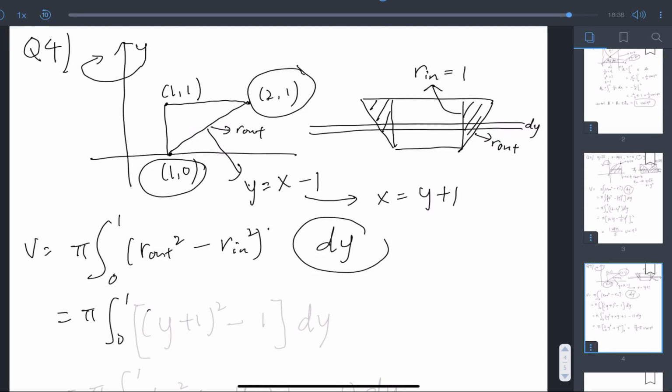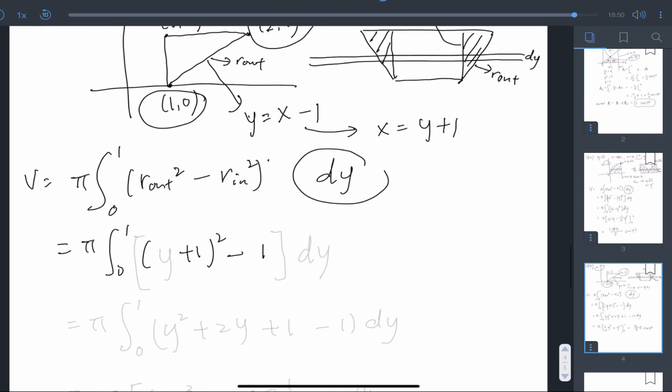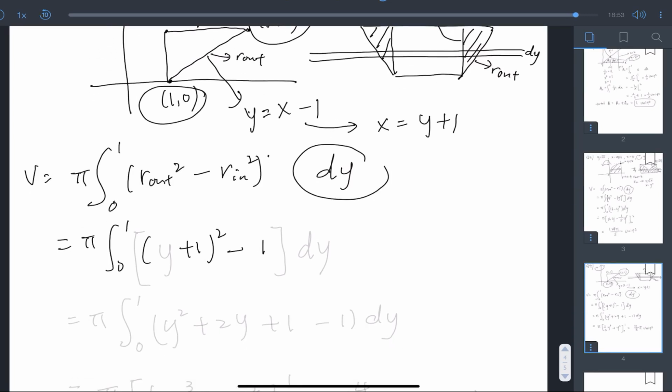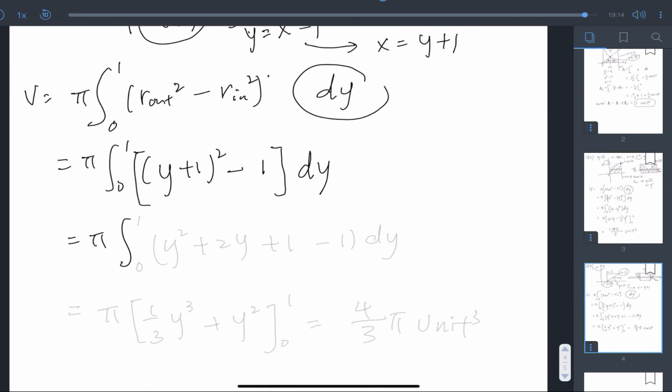So the outer radius is y plus 1, squared, minus the inner radius, which is 1, squared, dy. So solving this integral will let you find the volume.